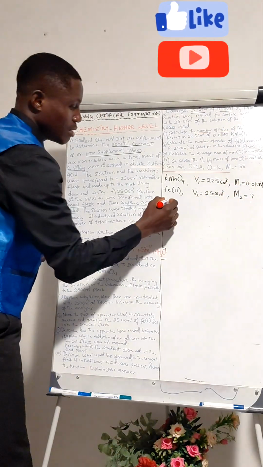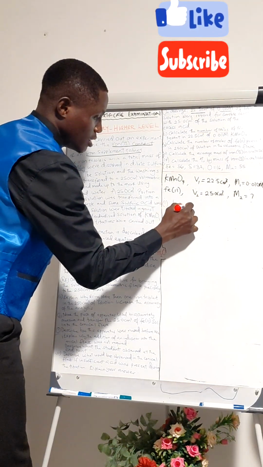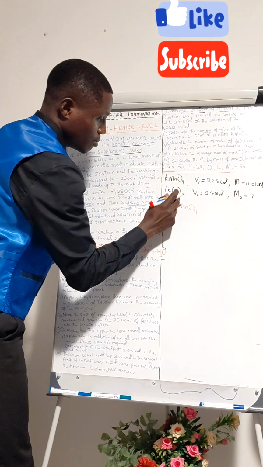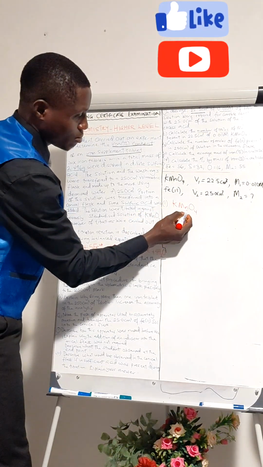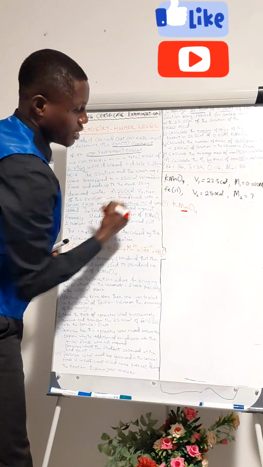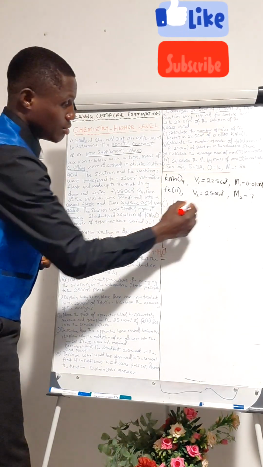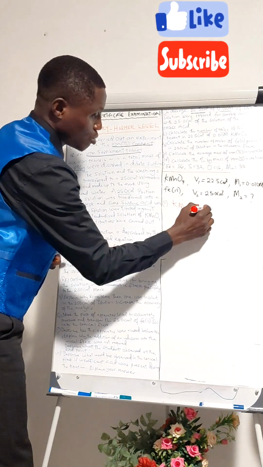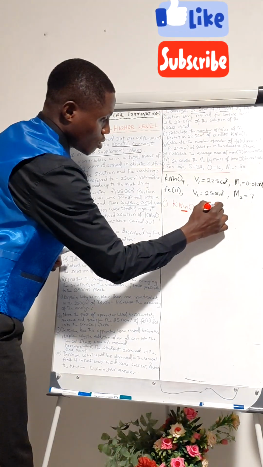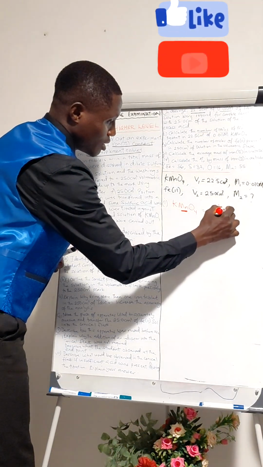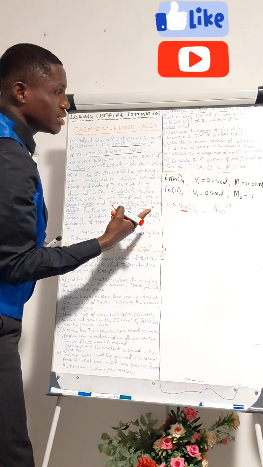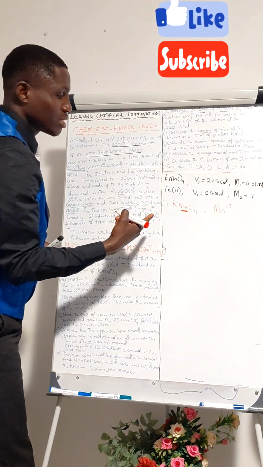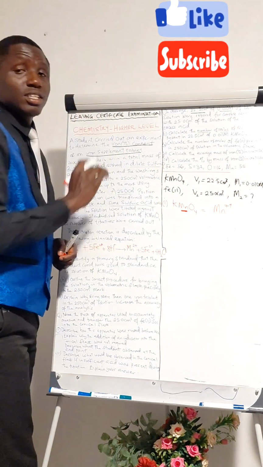Where is manganese 7 ion coming from? It's coming from this KMnO4. The oxidation number of manganese here is 7; if you calculate it, you are going to get 7. So the manganese here is 7 plus. When they're asking you to calculate the number of moles, they are talking about the number of moles of KMnO4 itself.